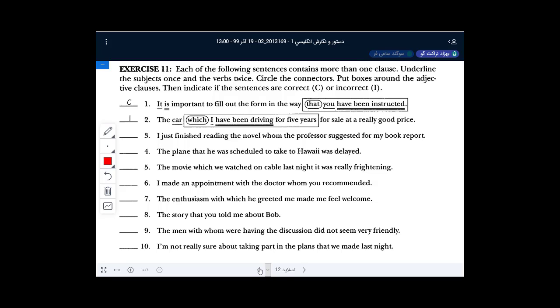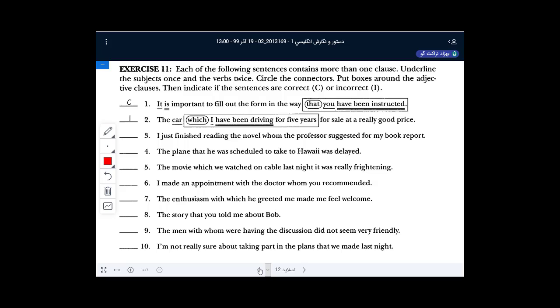We have the, and this is a noun marker. Story is the noun. It is the subject. Then we have the connector. This connector has its own subject and its own verb. So that you told me about Bob. Okay, the story, you're just waiting for the rest of the sentence. So it is a fragment.